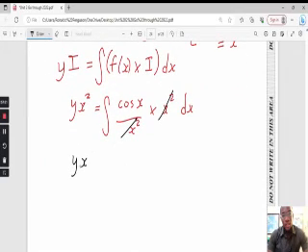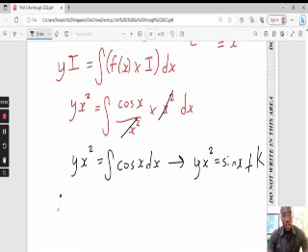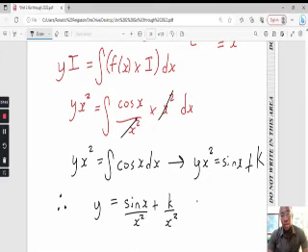It's just y x squared equals the integral of cos x dx. When you integrate cos, you get sine. So y x squared is equal to sine x plus some constant k. Then we divide through by x squared, so y is equal to sine x over x squared plus k over x squared.